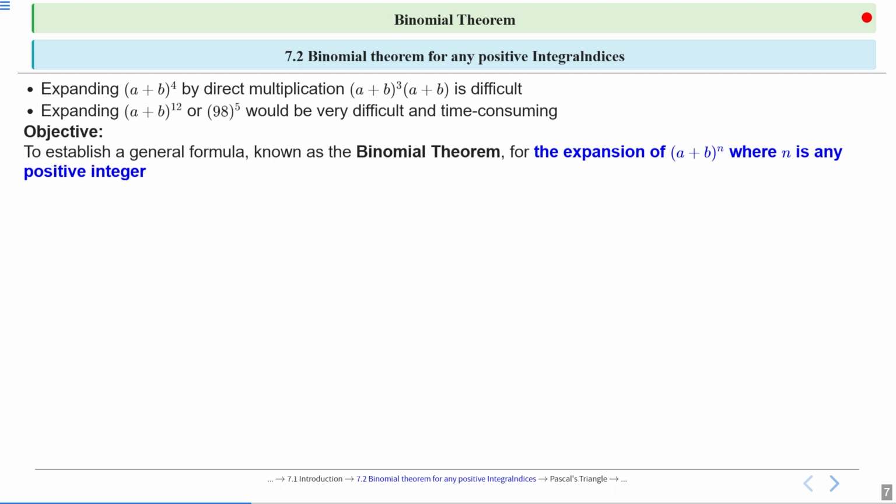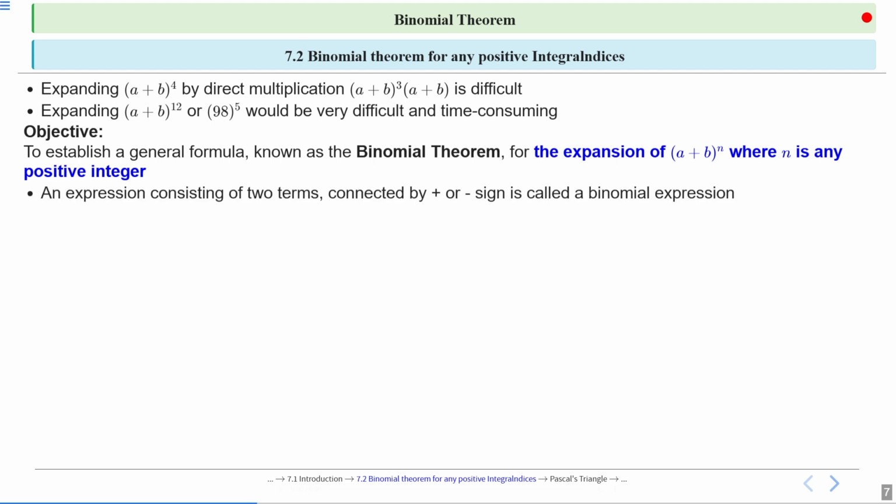For calculating (a + b)¹², (98)⁵, we faced a problem, and this problem will be solved by the binomial theorem. So now we are going to establish the binomial theorem for the expansion of (a + b)ⁿ, where n is any positive integer.